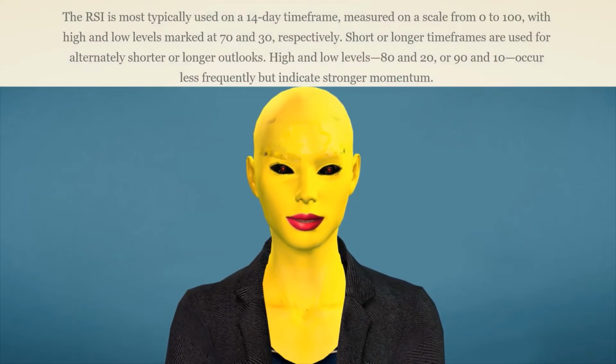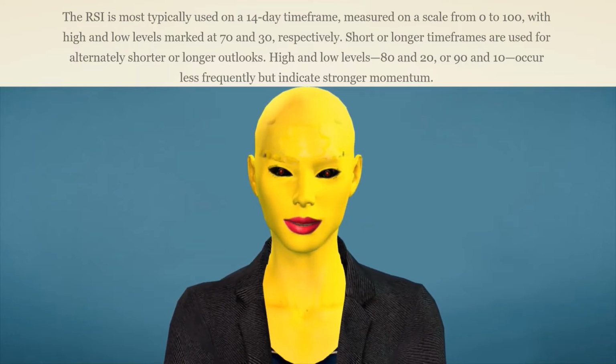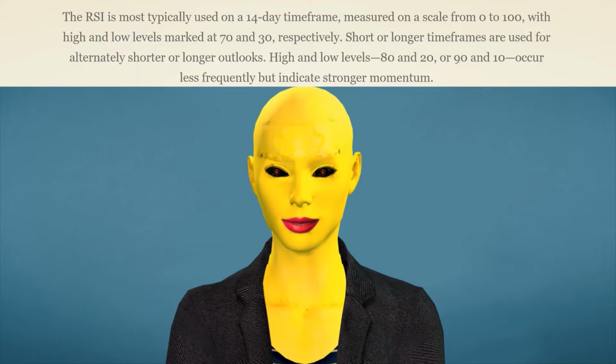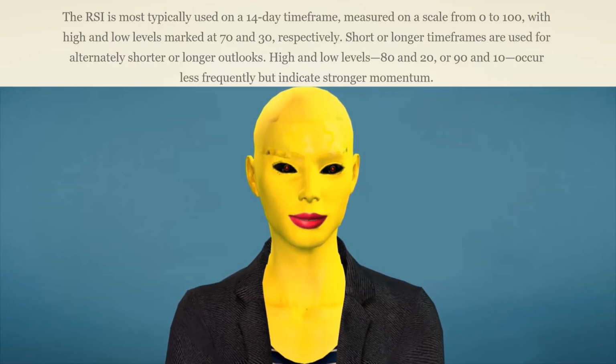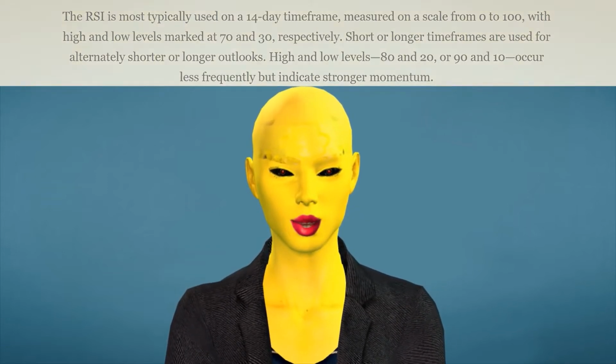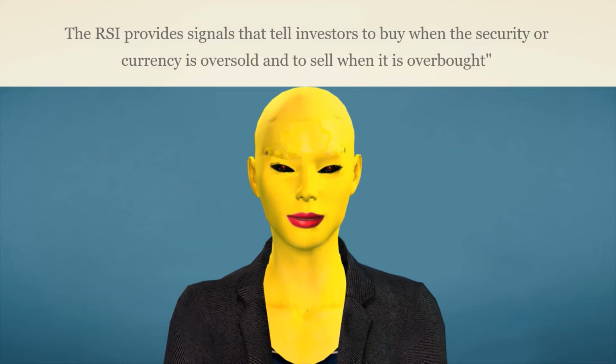The RSI is most typically used on a 14-day time frame, measured on a scale from 0 to 100, with high and low levels marked at 70 and 30, respectively. Short or longer timeframes are used for alternately shorter or longer outlooks. High and low levels, 80 and 20, or 90 and 10, occur less frequently, but indicate stronger momentum. The RSI provides signals that tell investors to buy when the security or currency is oversold and to sell when it is overbought.